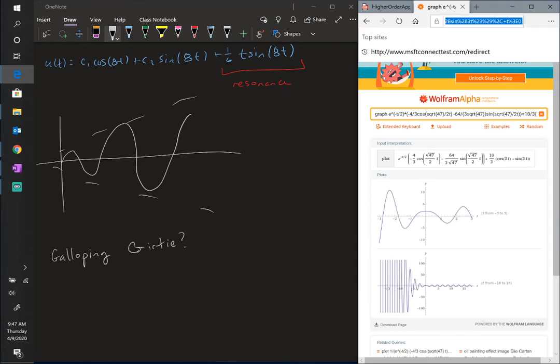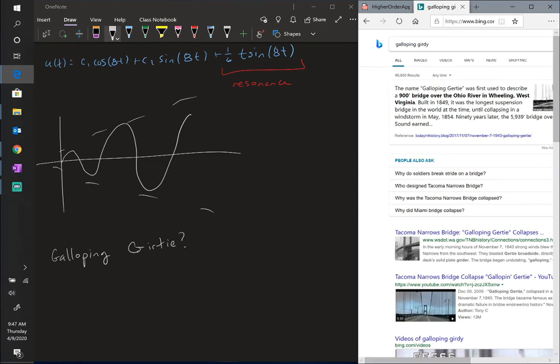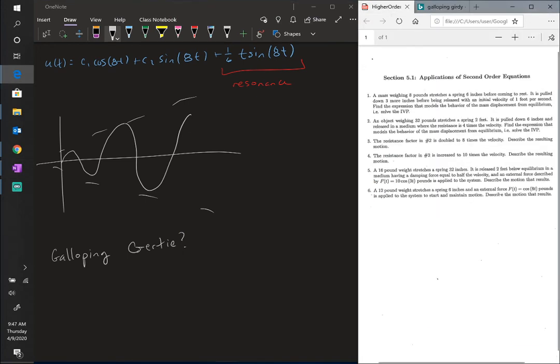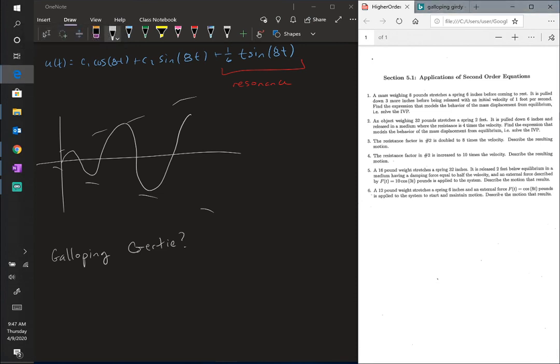Can't remember if I spelled it right or not. Galloping Gertie. So, yeah, it was a suspension bridge, and the wind picked up one day and came in at the same frequency. So it started creating oscillations that were the same frequency as the natural motion of the bridge. And it produced disastrous results. The bridge came tumbling down.